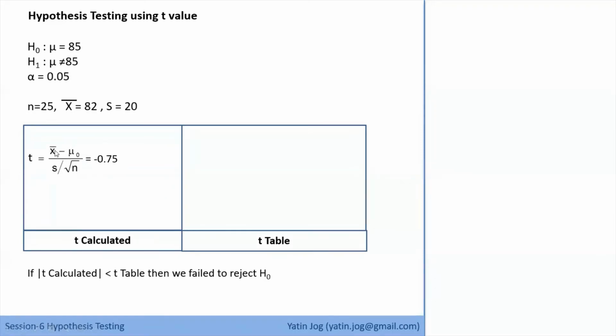So it is the same: X bar minus mu naught. What is mu naught? Mu naught is nothing but the value of H naught. So X bar minus the H naught value of mu, divided by standard deviation upon root n. So the formula is the same, be it Z or T.